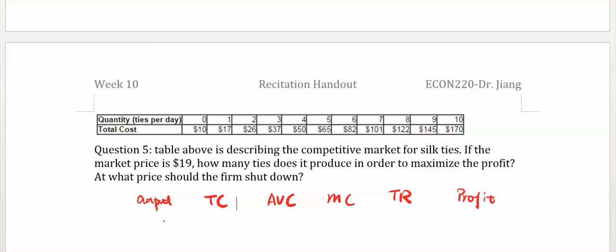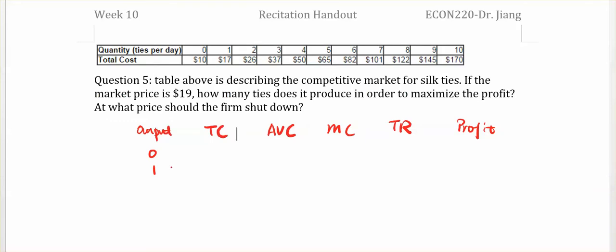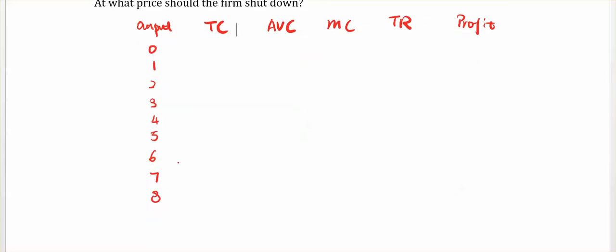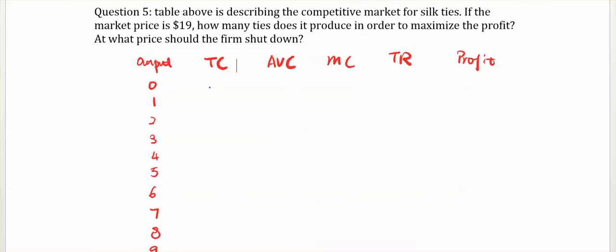So the output on the table we have 0, 1, 2, 3, 4, 5, 6, 7, 8, 9, 10. So it totally can produce 10 products. And we know the total cost is also listed on the table, so we just copy it.